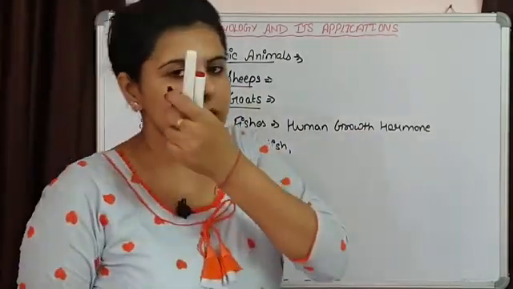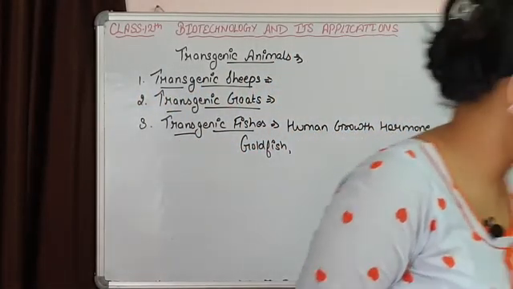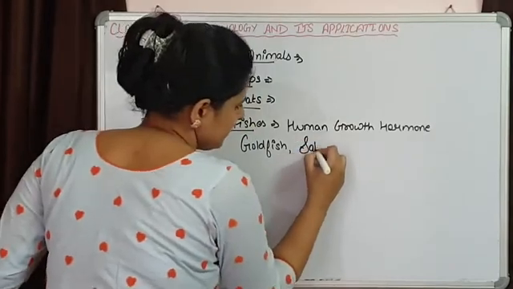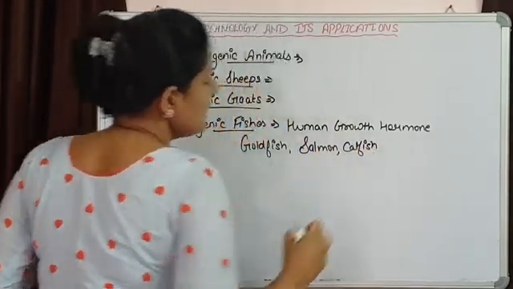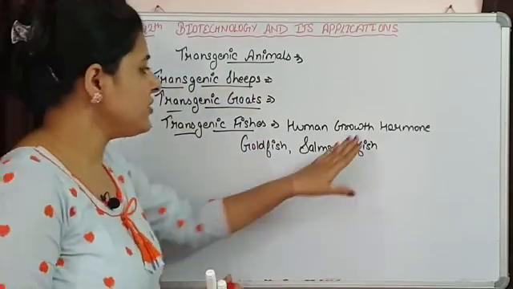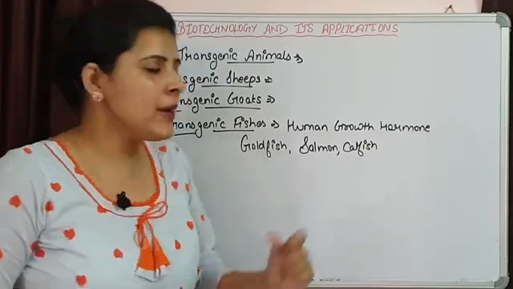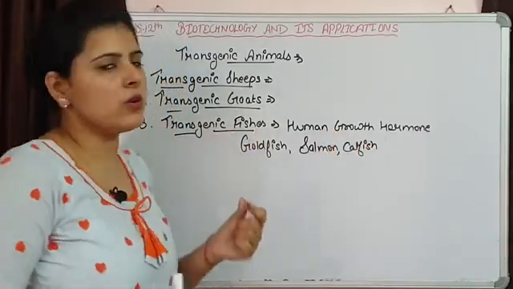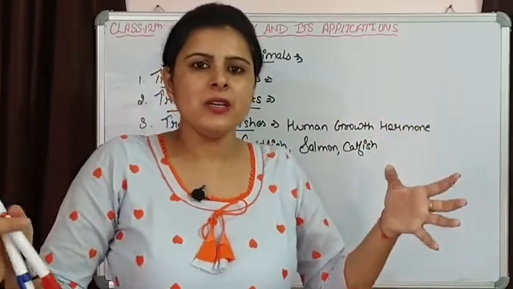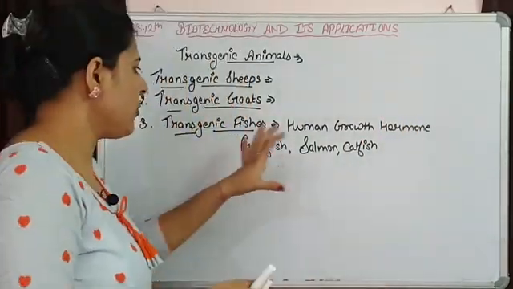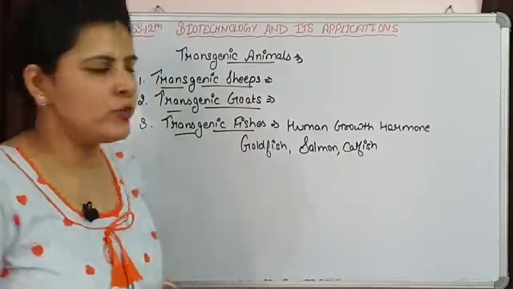There are lots of other fishes being used, like salmon and catfish. All these fishes have been genetically modified by introducing human growth hormone, and because of this, these fishes are enlarged in size. So, for more meat production, transgenic fishes are being produced.